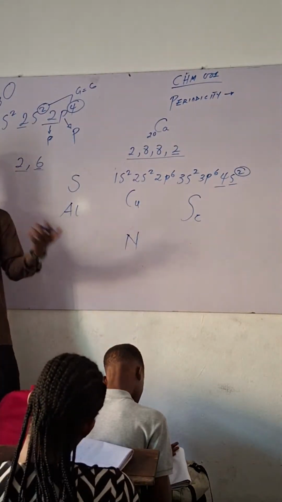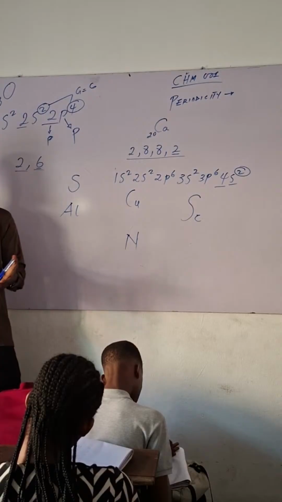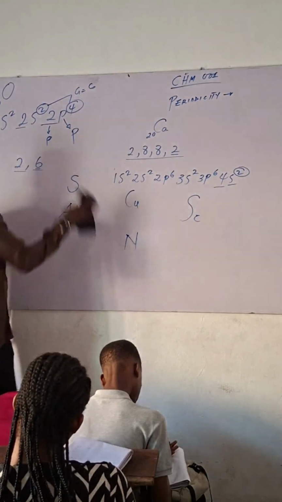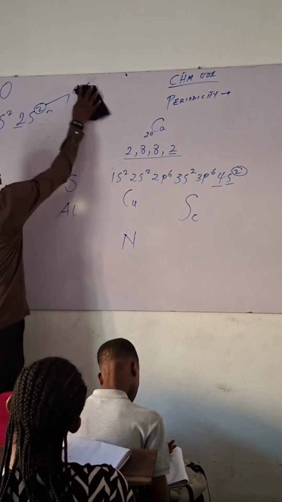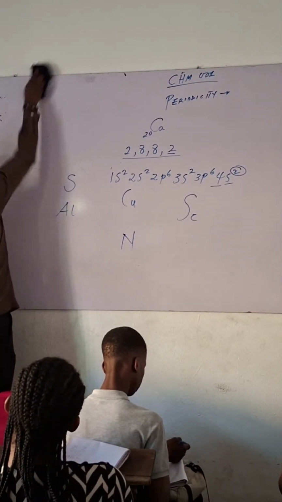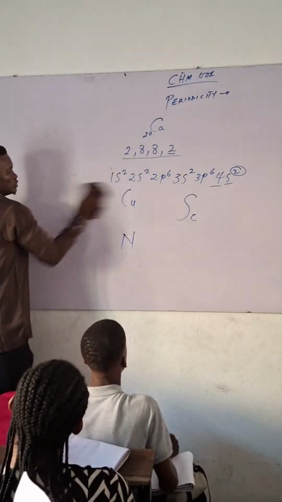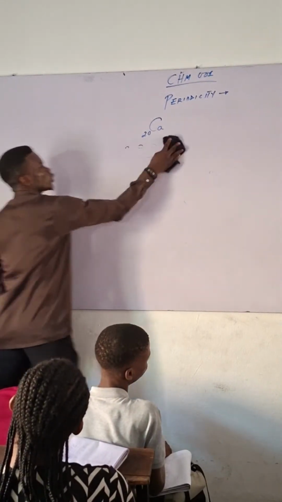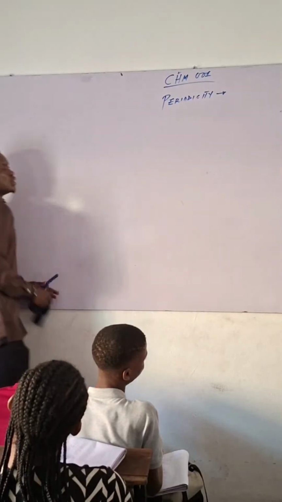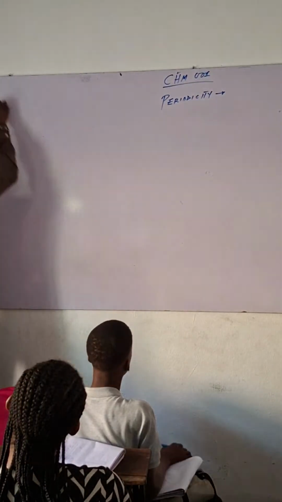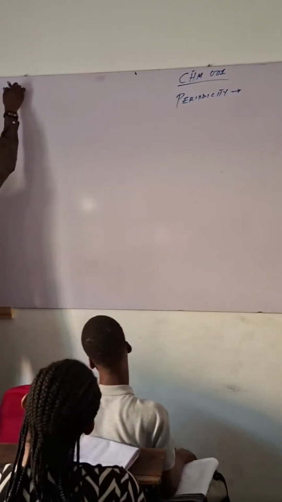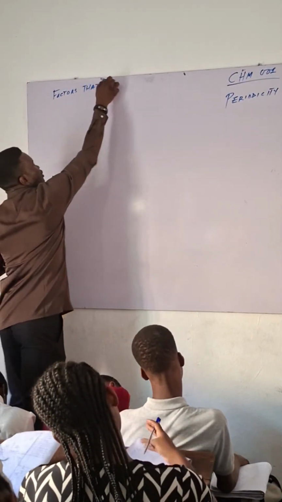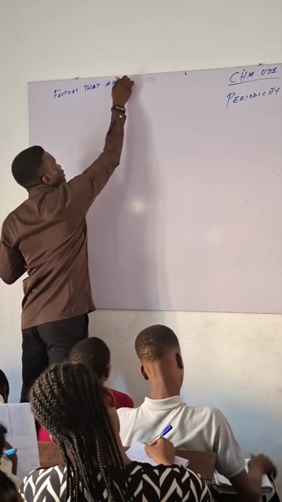We are only doing them again for the sake of those of you just joining. So can I rub the board now? So now we want to first look at factors that affect periodic trends.